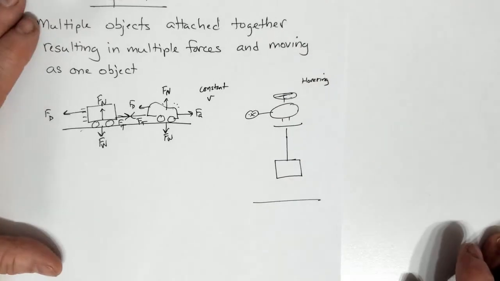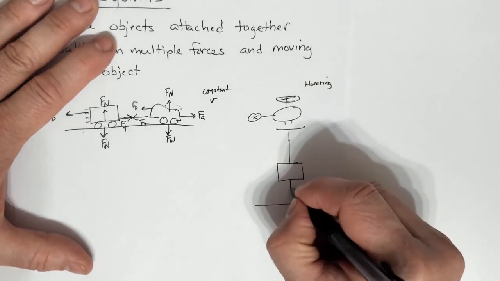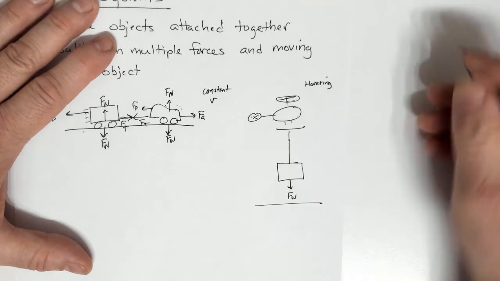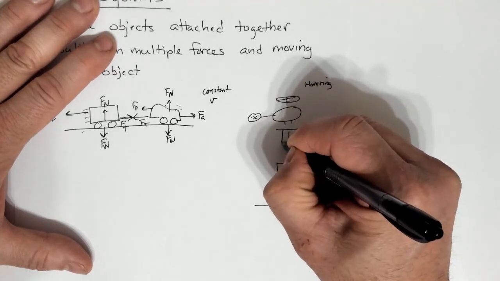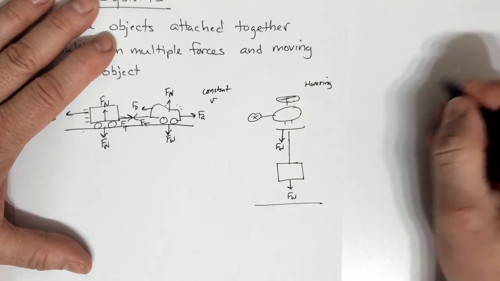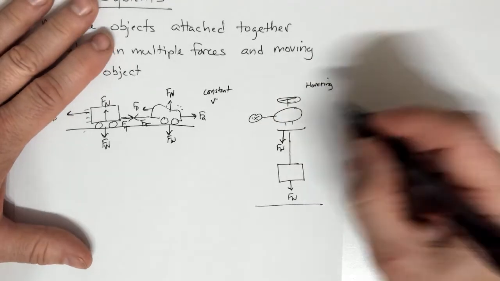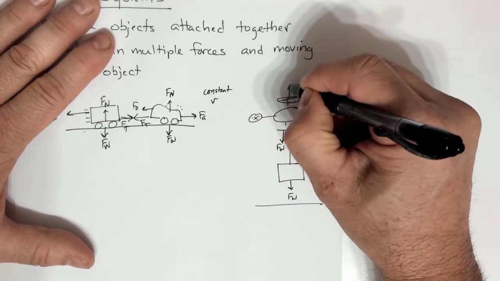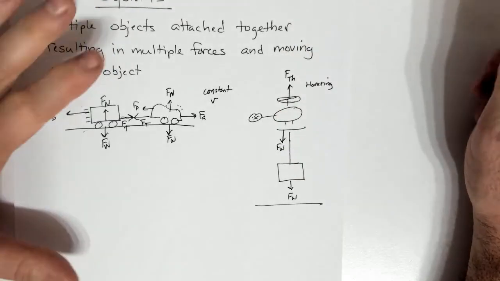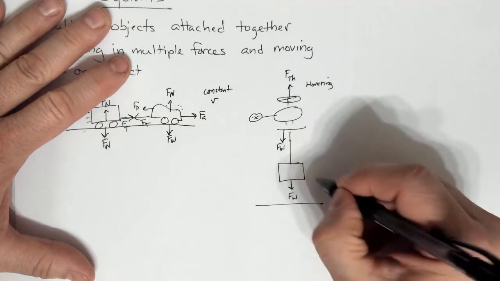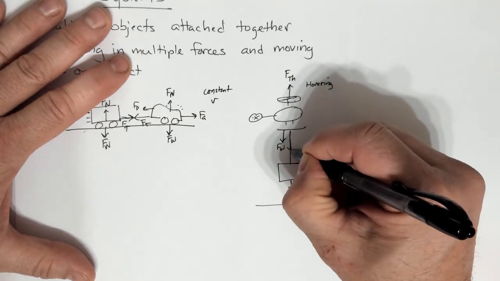Here's the ground. Okay? Then I know I would have a force of weight acting downward. Also, the helicopter would have a force of weight. But to hover, it would need a force of thrust upwards. And then the cable and the box, if it's off the ground, would have a force of tension.